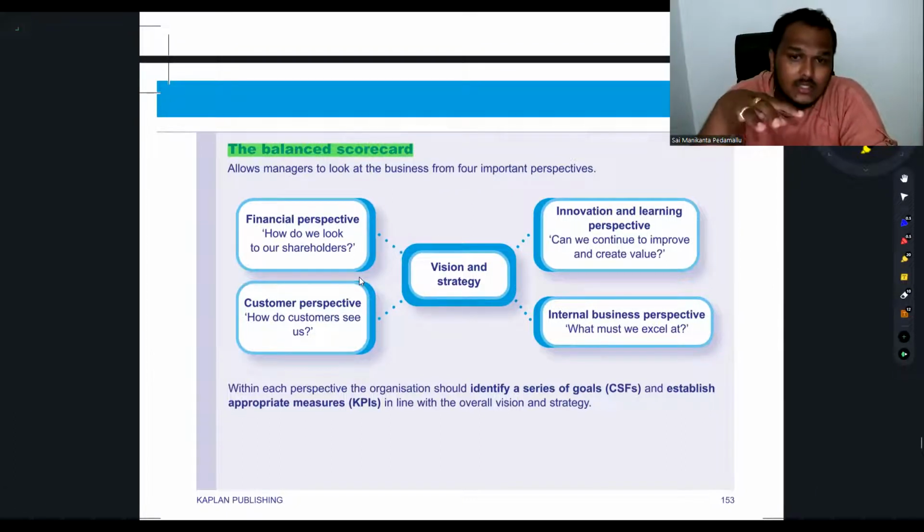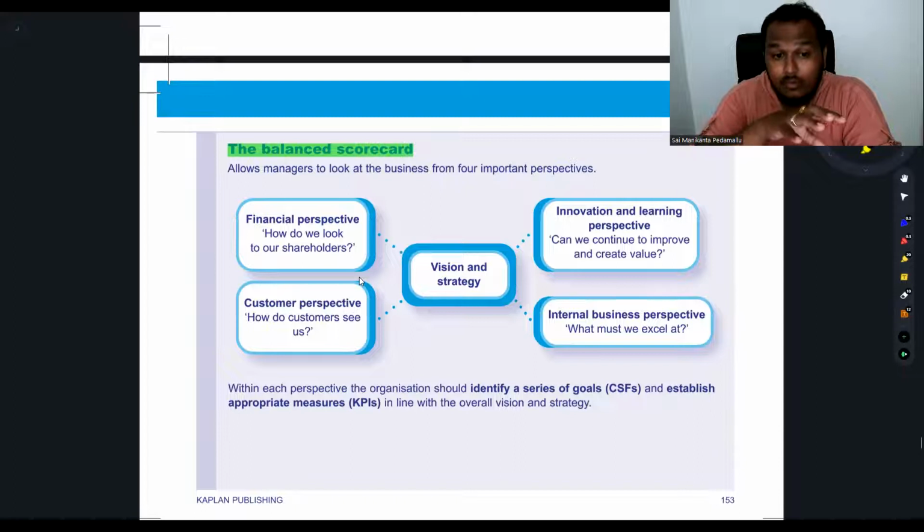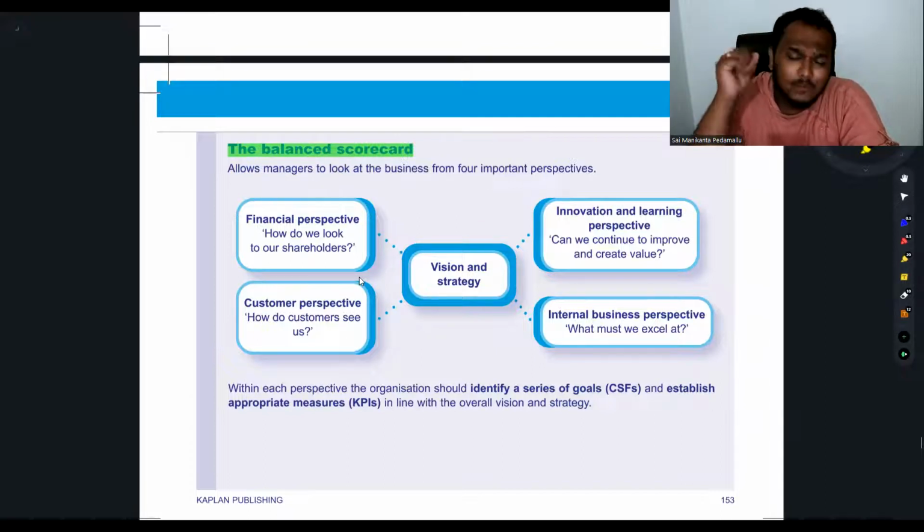Balanced scorecard is a very comprehensive performance measurement and management tool. In balanced scorecard, we evaluate the company's performance from 4 different areas. Normally we evaluate on one factor, which is financial: ROCE, ROE, liquidity ratios, gearing ratios, EPS, PE multiple.